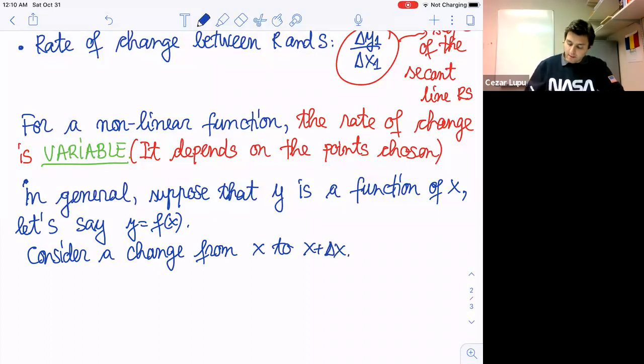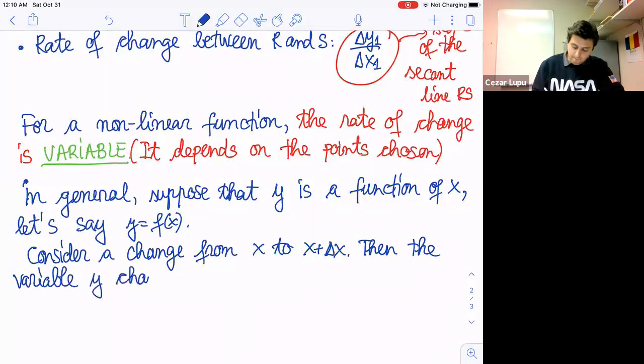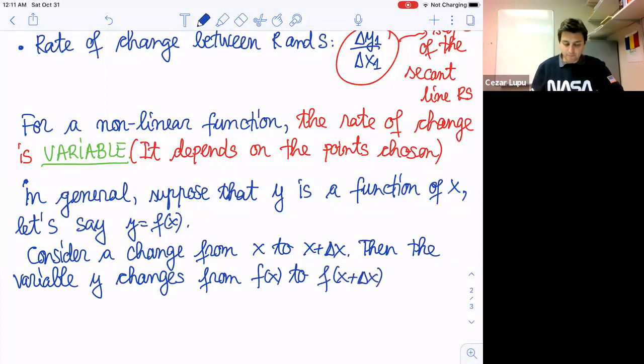Okay, then the variable y changes from f of x to f of x plus delta x, right? Obviously.